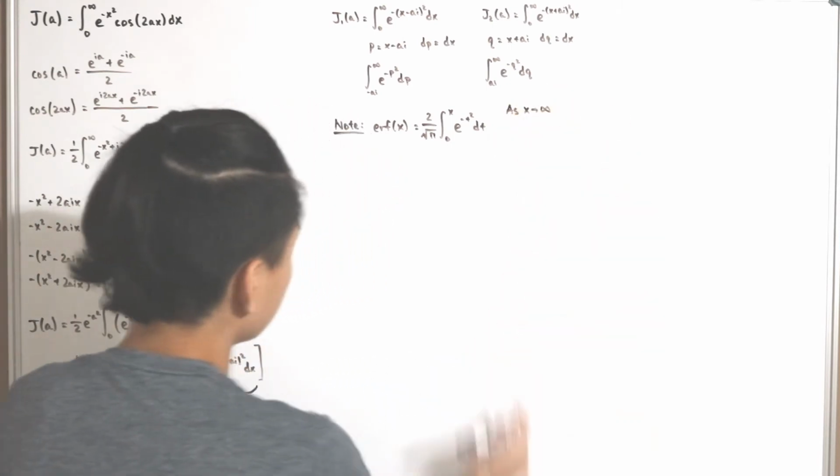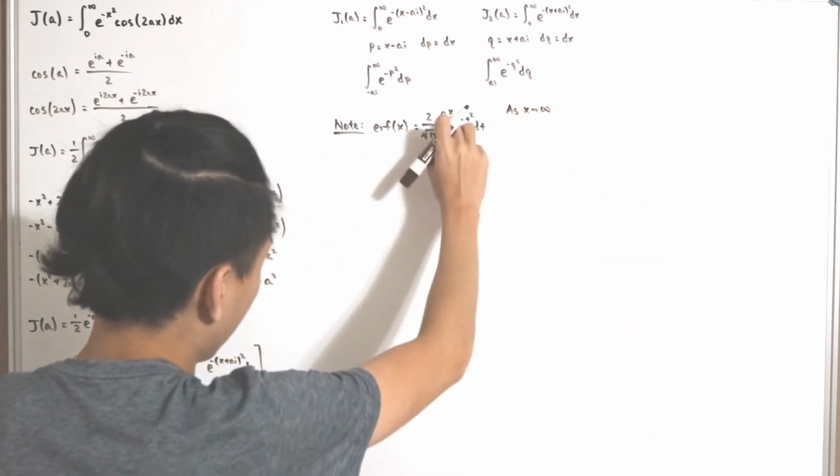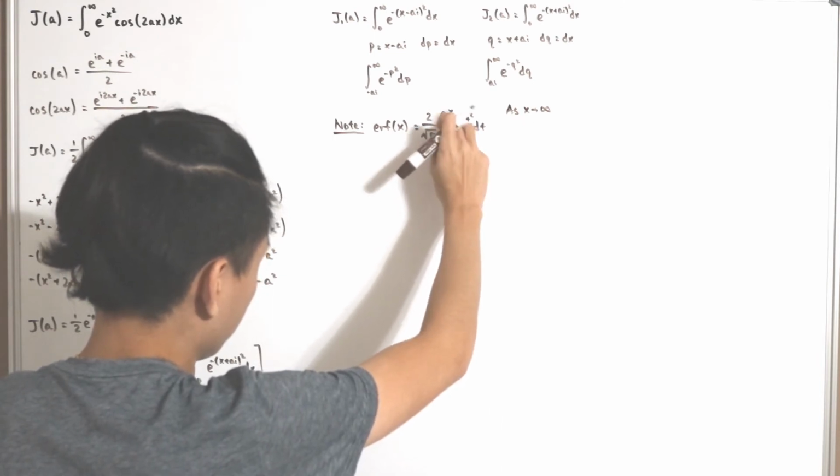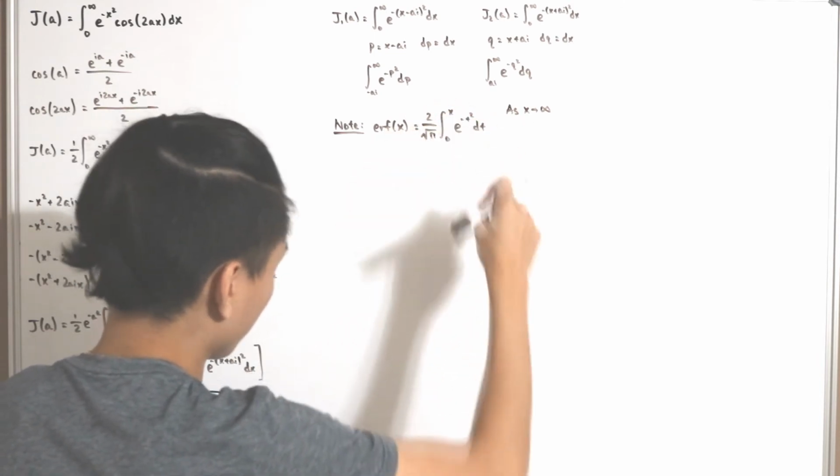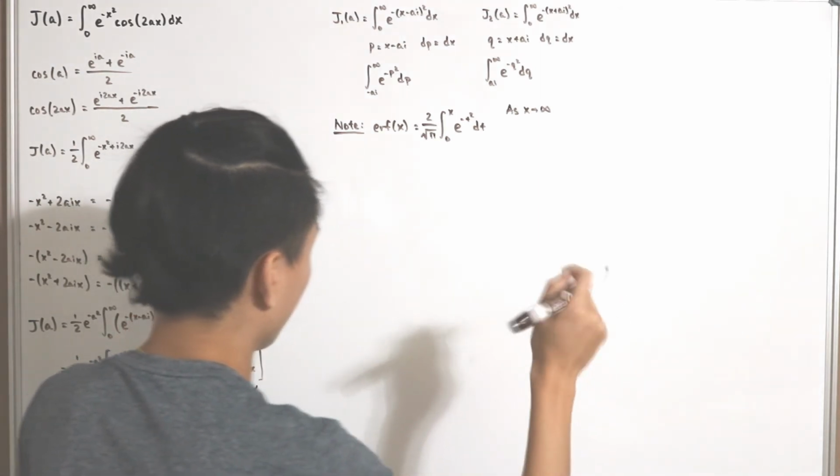So when x approaches infinity, the upper bound is infinity, giving 2 over the square root of pi times the integral from 0 to infinity of e to the negative t squared.